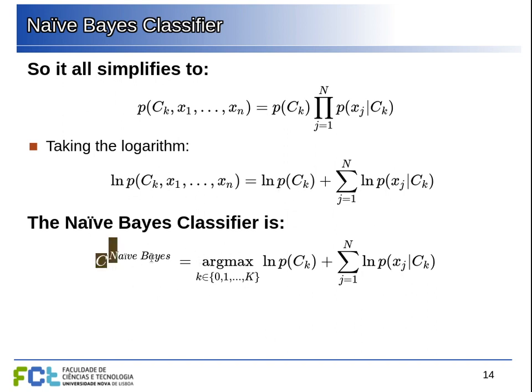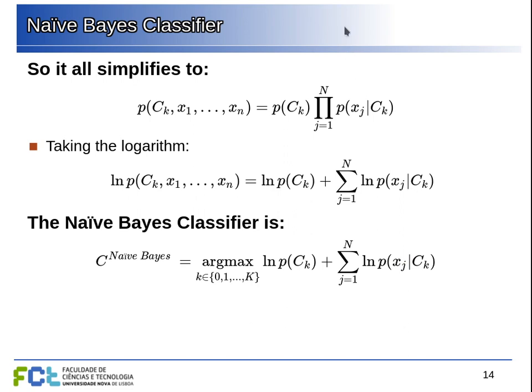We are going to classify an example x into the class that maximizes this sum: the logarithm of the prior probability of the class, plus the sum of the logarithm of the probability of each feature value this example has, if the example belongs to that class.